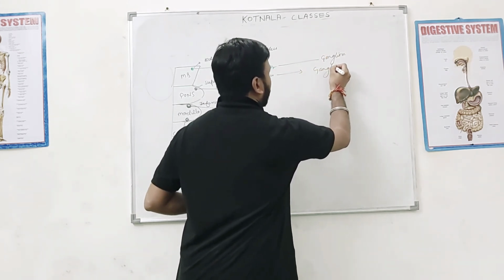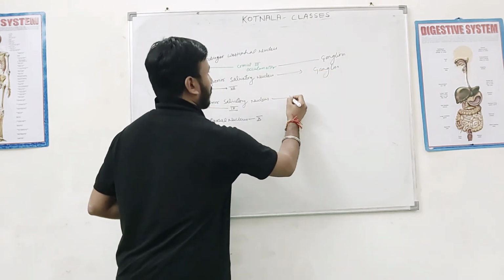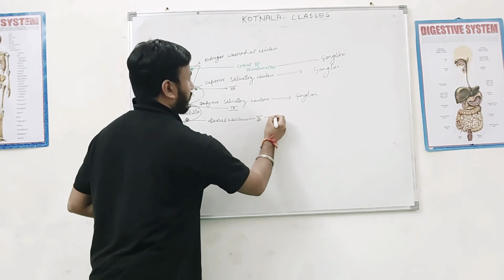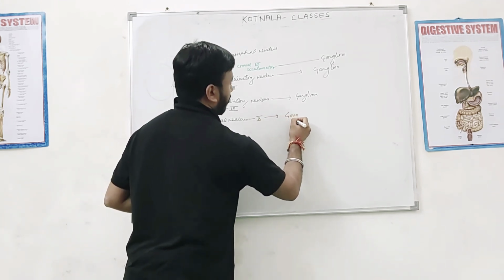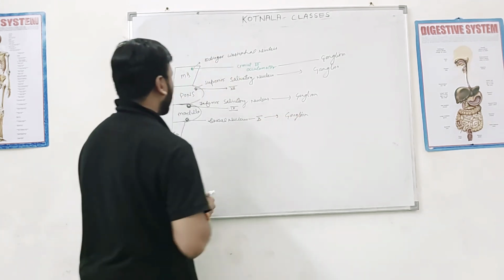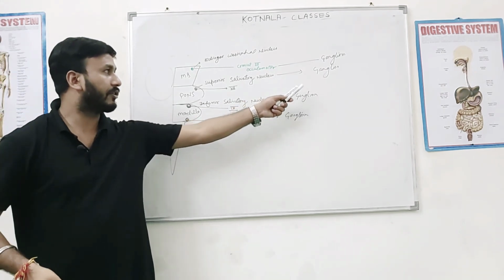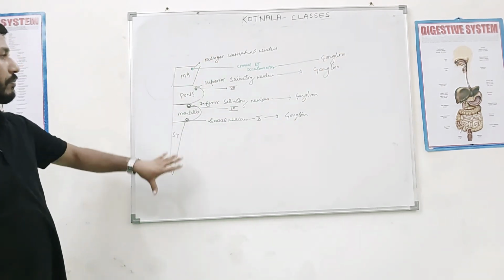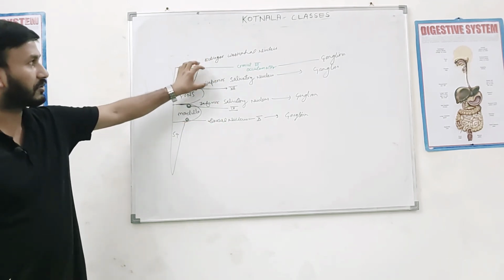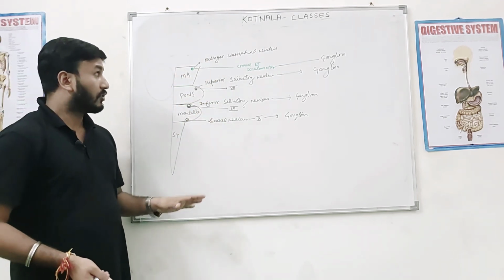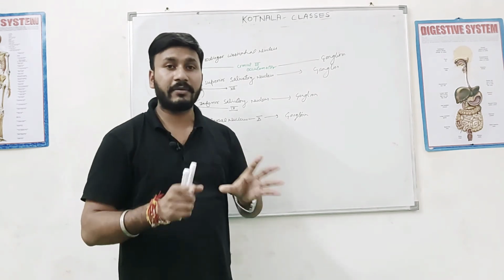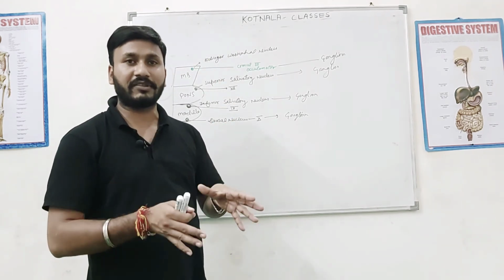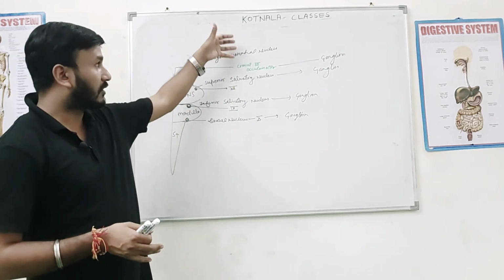I will just tell about the different functions done by these ganglia. So these are the cranial nerves associated with the parasympathetic nervous system. You may forget many cranial nerves, but don't forget these cranial nerves, which are especially associated with the parasympathetic nervous system.